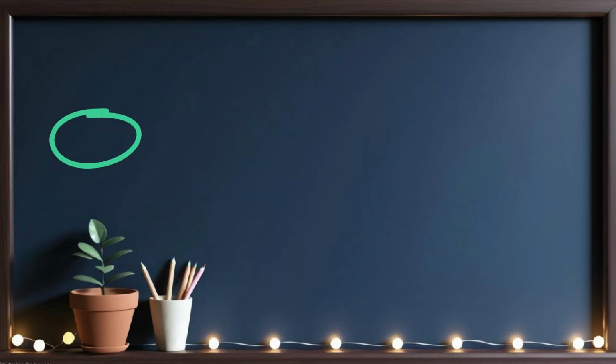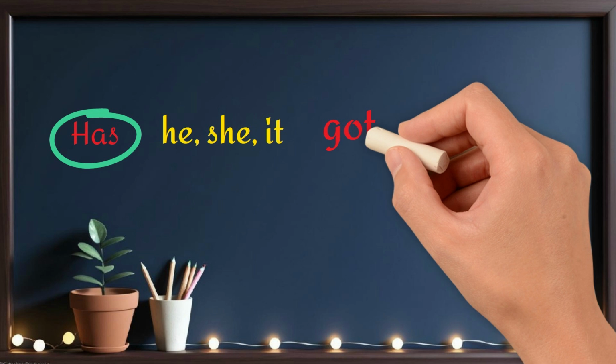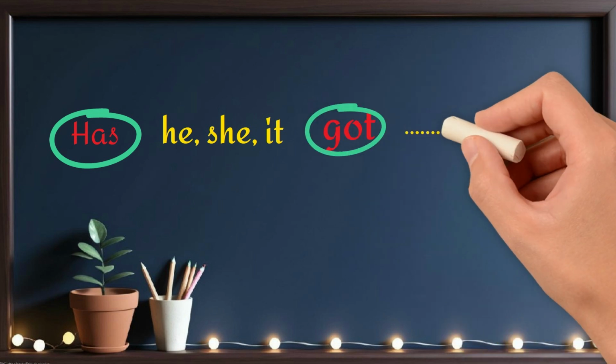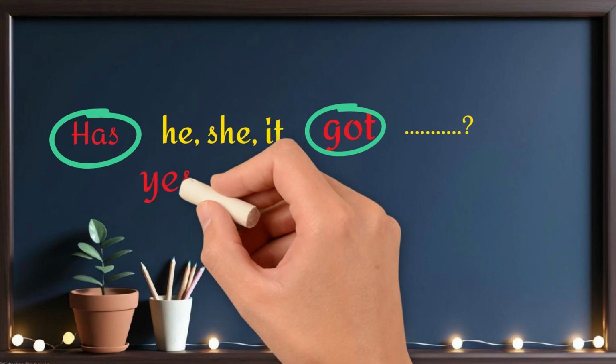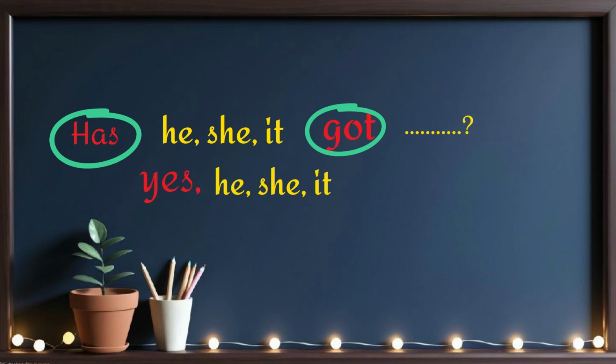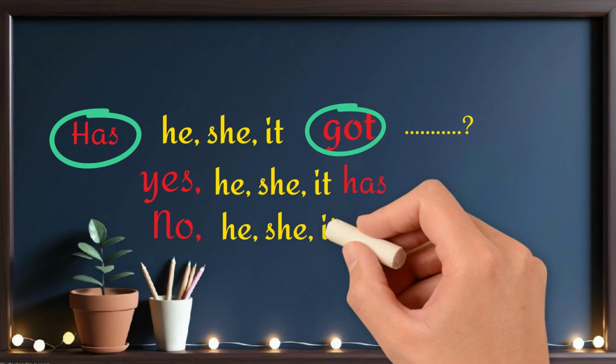And for he, she, it, we start with has, he, she, it got, and then the thing that we are asking about. And the answer could be yes, he, she, it has. Or no, he, she, it hasn't.